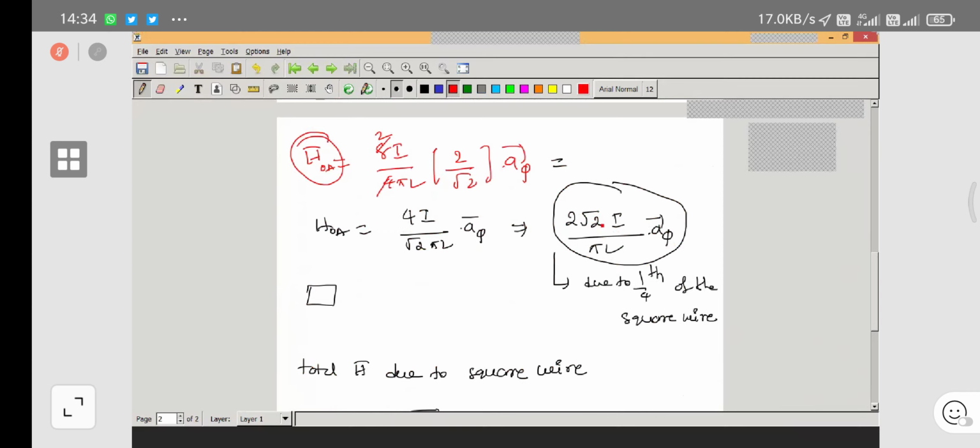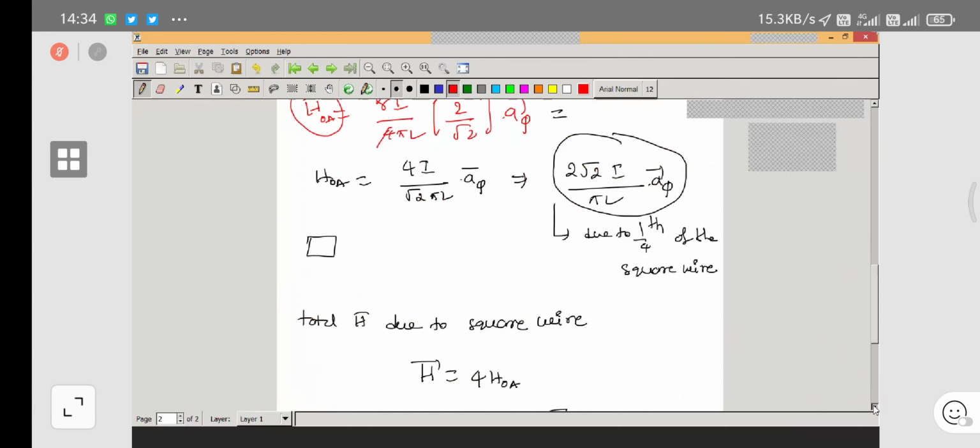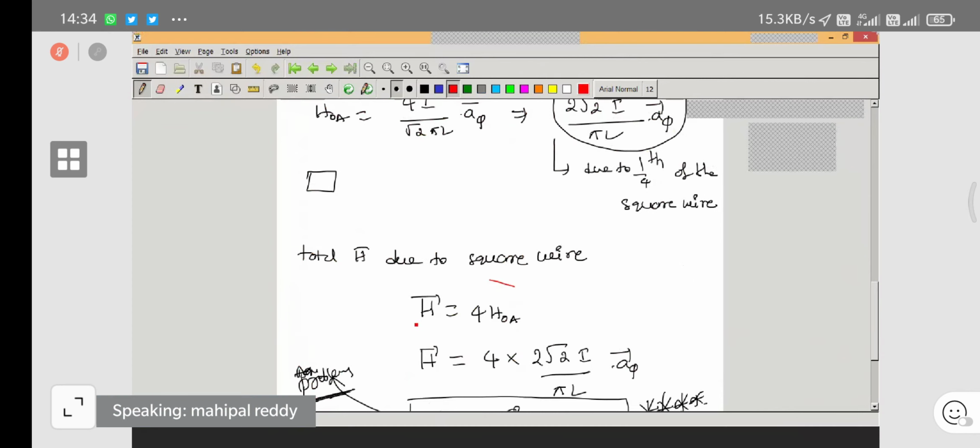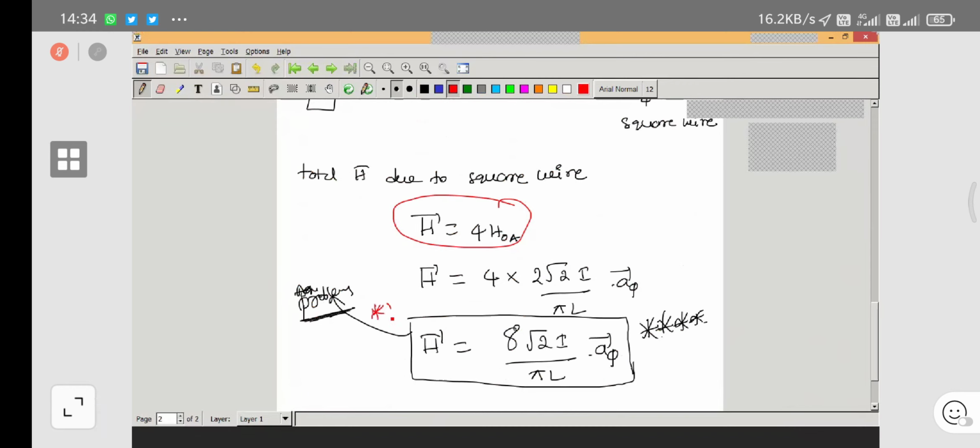The total magnetic field intensity due to the square wire is H equals 4 times H. Just keep it in mind. This equation is also very important. With the given data I and L, you can find out the magnetic field intensity.